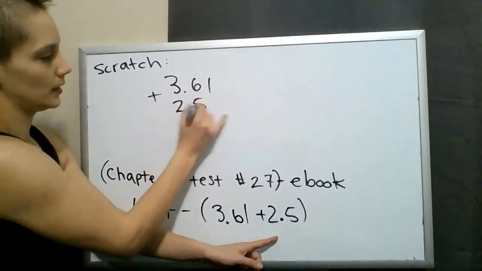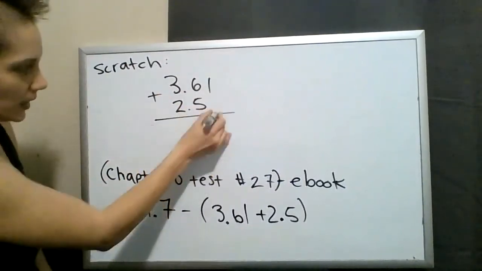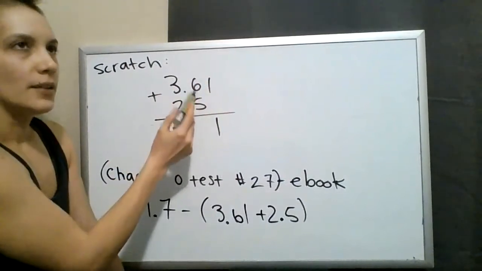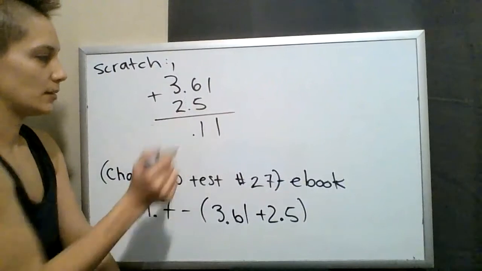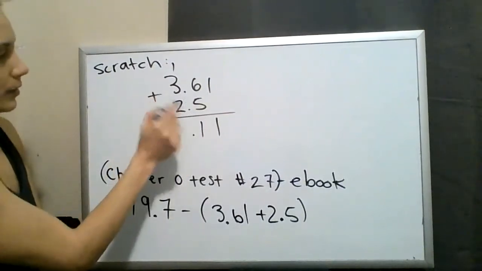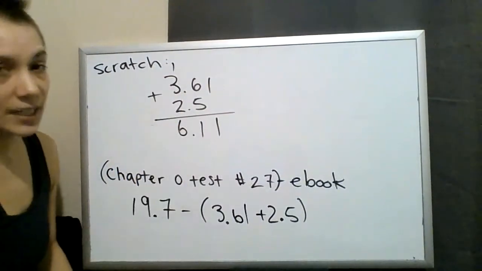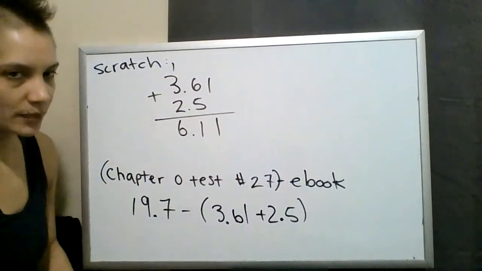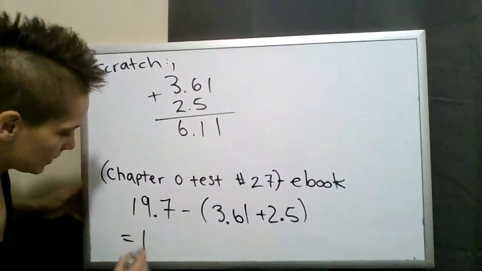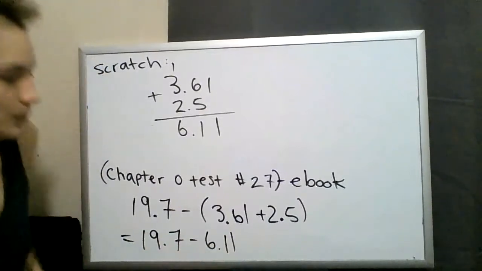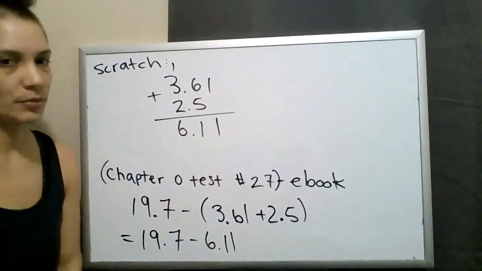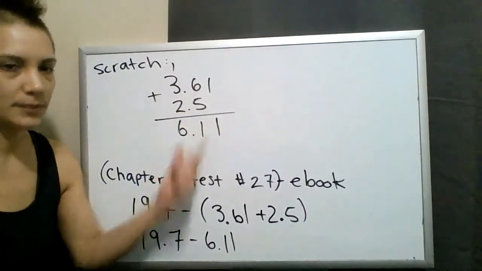So I've got 1, 5 plus 6 is 11. The decimal comes down. 3, 4, 5, 6. I have 6.11 inside of the parentheses, which I can drop after I've taken care of that step.